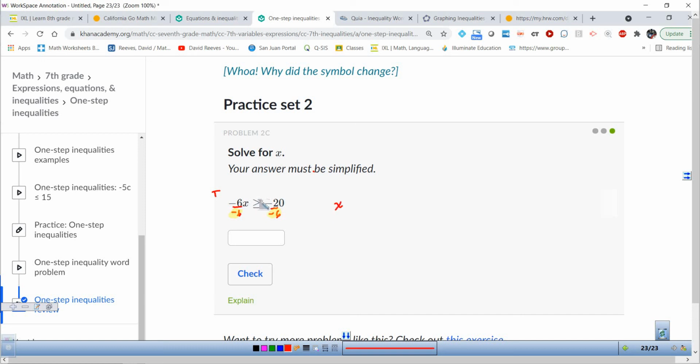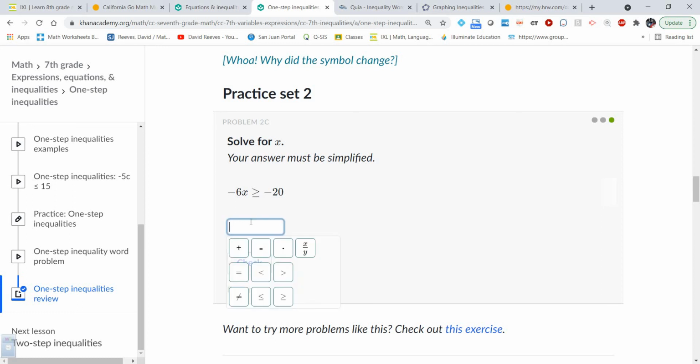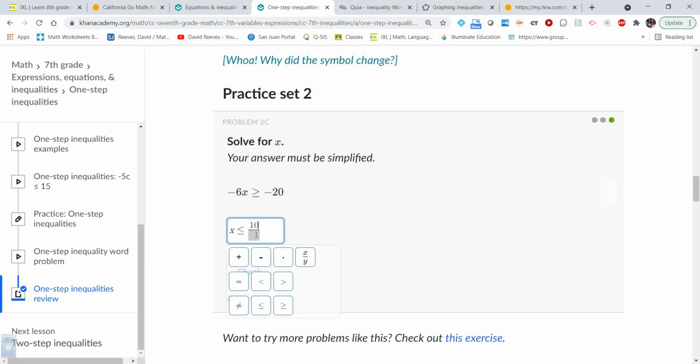So instead of x being greater than or equal to, x is less than or equal to, and I get a negative 20 divided by a negative 6, which simplifies. If I divide both of those by negative 2, I get 10/3. Notice it doesn't go in evenly, and I don't want to make that a decimal because it would be a non-terminating decimal. So the answer is x, but not greater than. Now it is less than or equal to, and what do we want on the top? We want 10, and on the bottom we want 3.